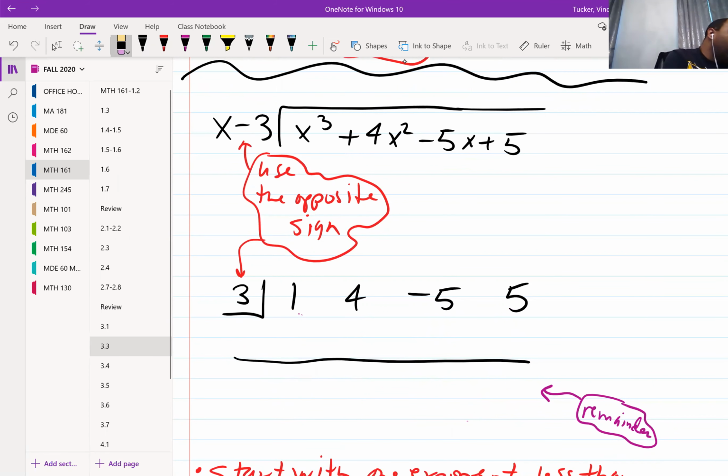Notice right here, we're going to use the opposite sign of what we had originally. So if I have x minus 3, in this box should be plus 3, the positive 3. Then we're going to use all of our coefficients right here. So we have 1, 4, negative 5, and 5.